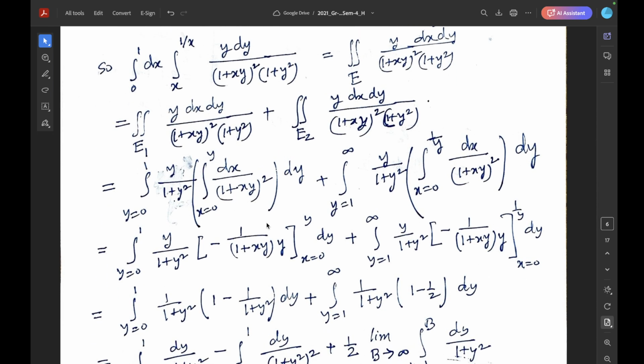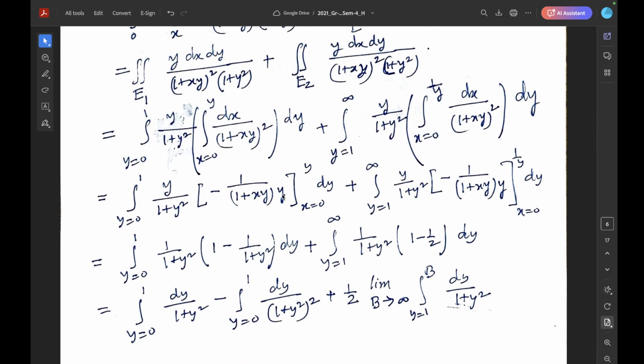For this, we get minus 1 by xy into 1 by y, with lower limit x equal to 0 and upper limit y, dy, and similarly x equal to 0 to 1 by y.